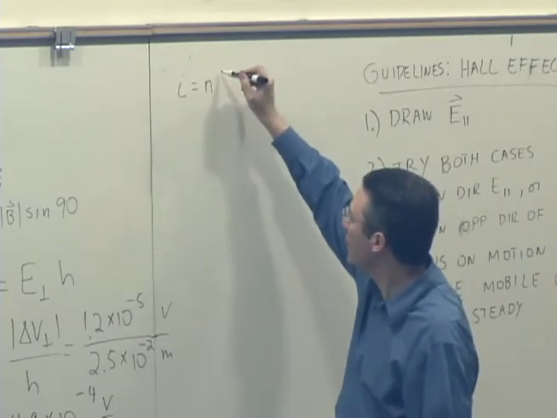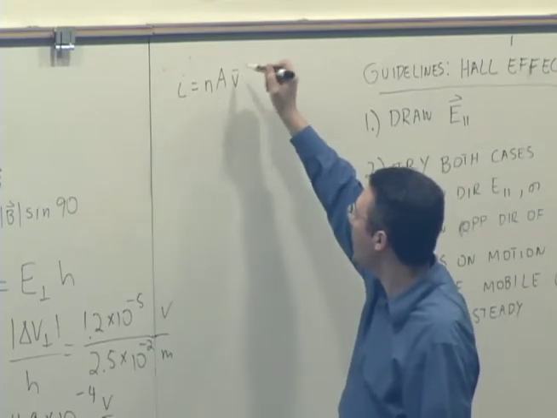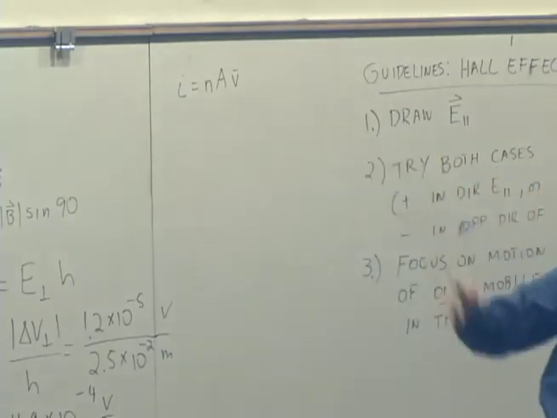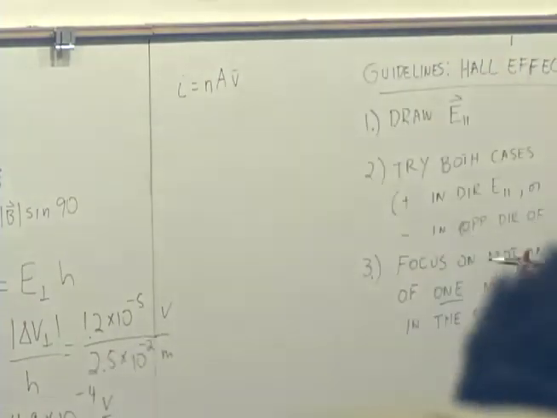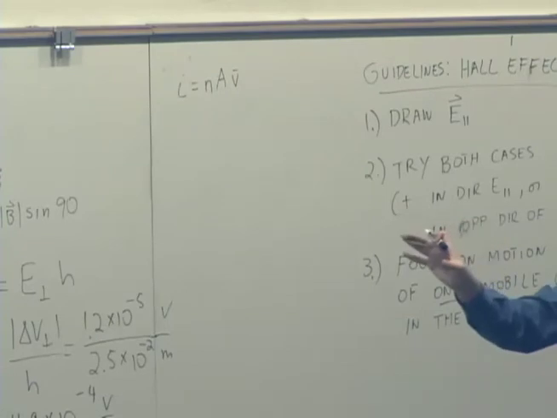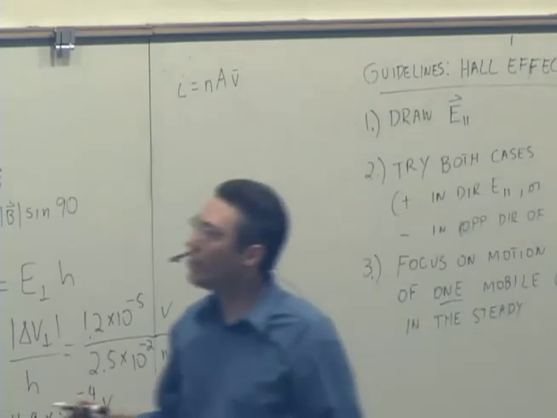I equals N A V. And then, we don't know the current yet, so maybe that's a dead end. But what do we know? We know the area. We know something else. We know the voltage across either end of the bar.